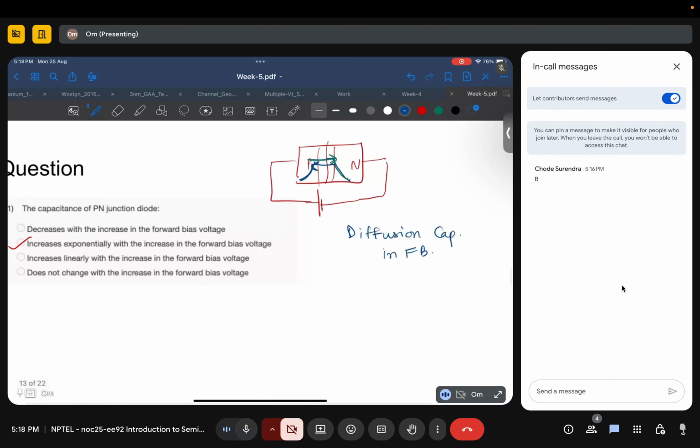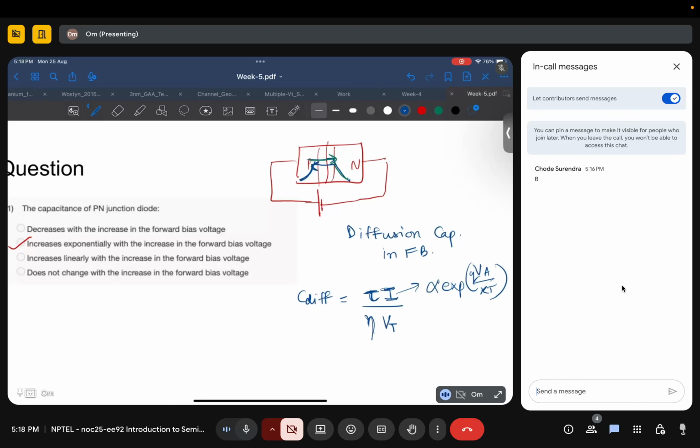And diffusion capacitance is given as tau I by eta Vt. Tau is the recombination lifetime. I is again your forward bias current. So this I is actually proportional to e to the power qVA by kT, right?